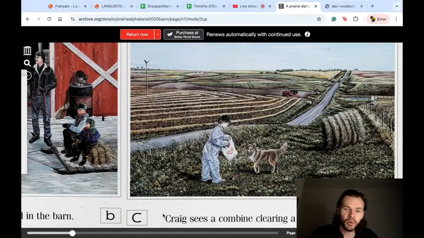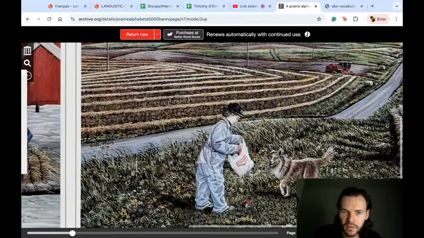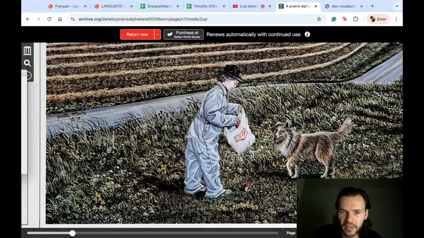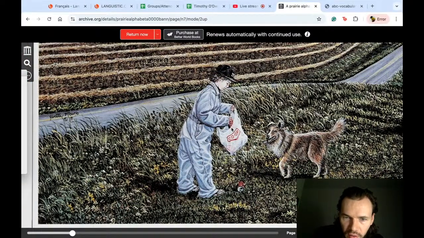And one more C word we have here. Can we see what Craig is putting in the bag? Craig is putting, see this right here? And there's one on the ground. He is putting cans of Coca-Cola in a bag, right?